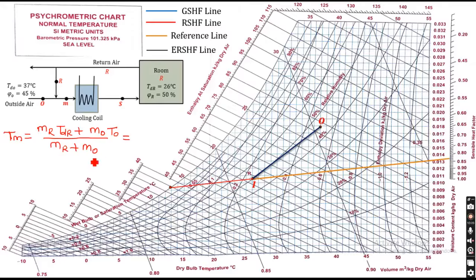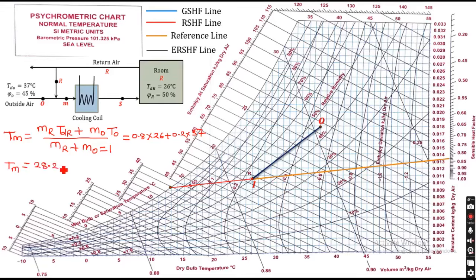So MR is 0.8, so 0.8 into TDR, that is room dry-bulb temperature, 26 degrees Celsius, plus MO, 0.2 multiplied by TO, that is 37 degrees Celsius. By this calculation, the TM value, that is mixed temperature, we get as 28.2.